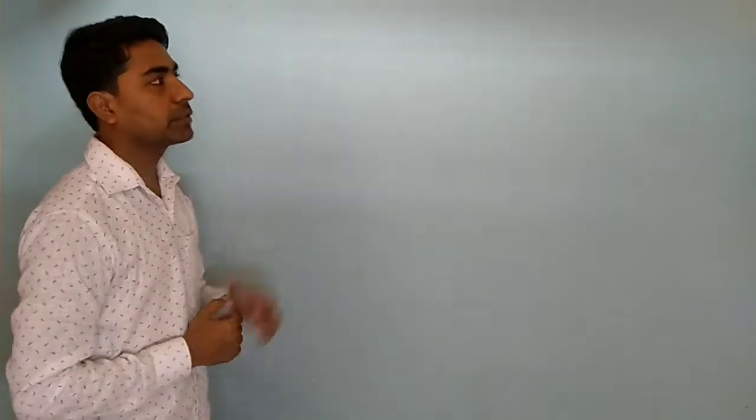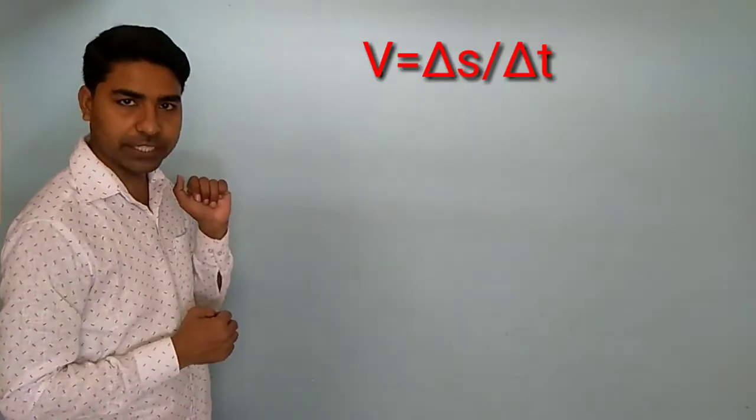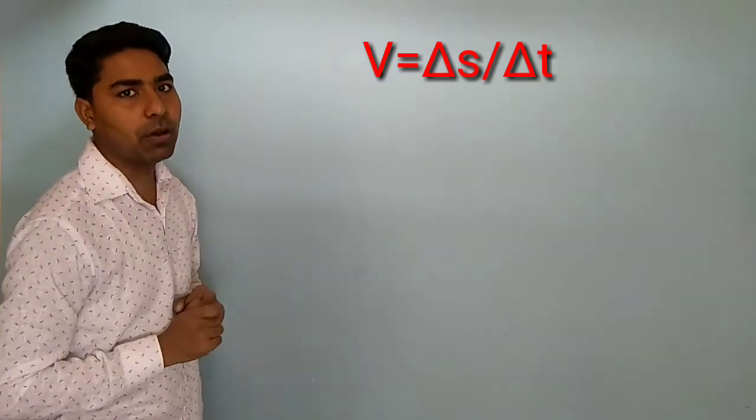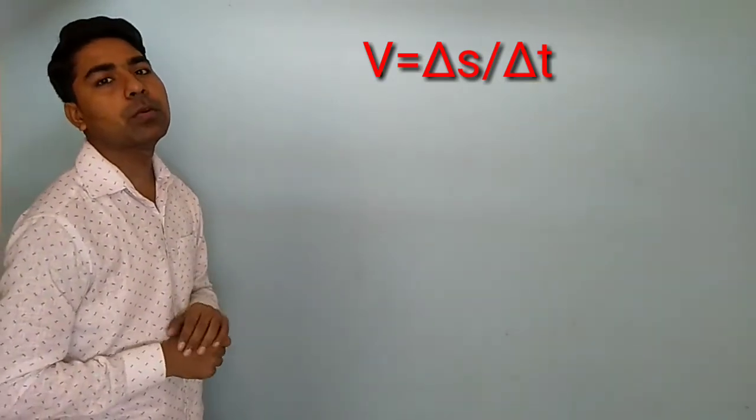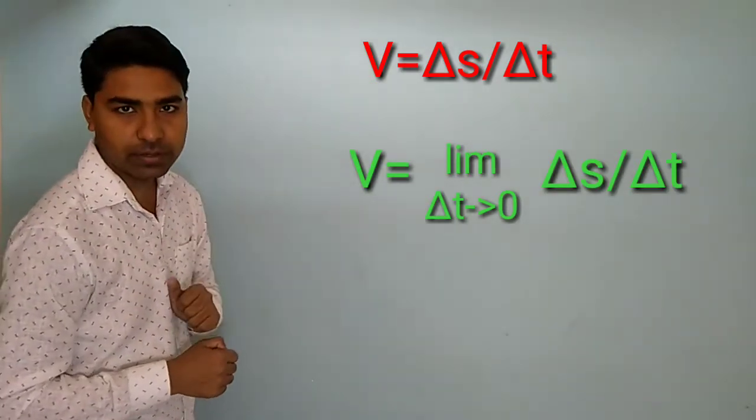Now the next topic. Before going to the next topic, I want to show you the last topic where we ended. The velocity is what? The change in displacement upon change in time. If the time is so small, velocity is equal to limit delta t tending to 0 of del s upon del t.